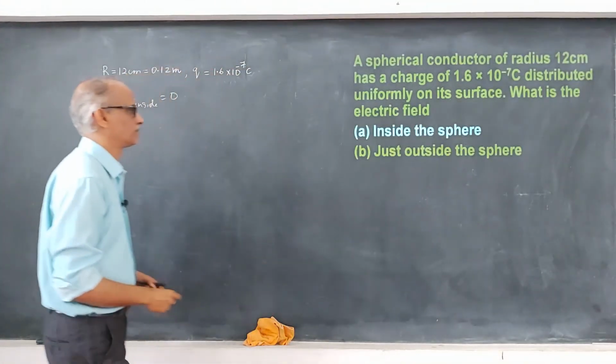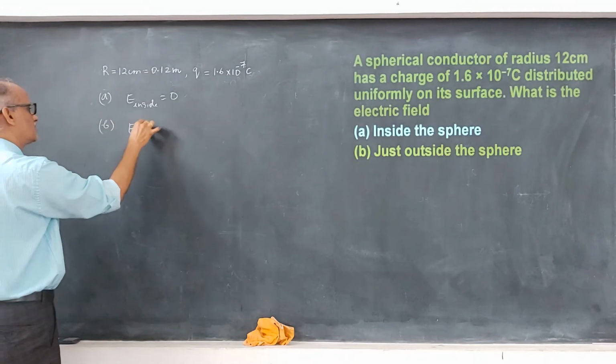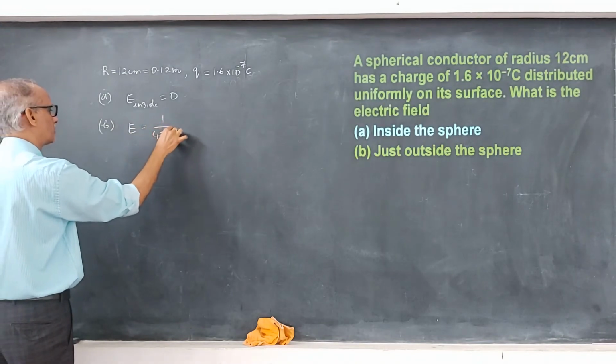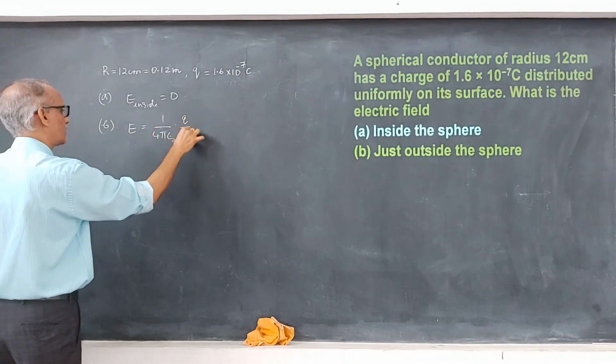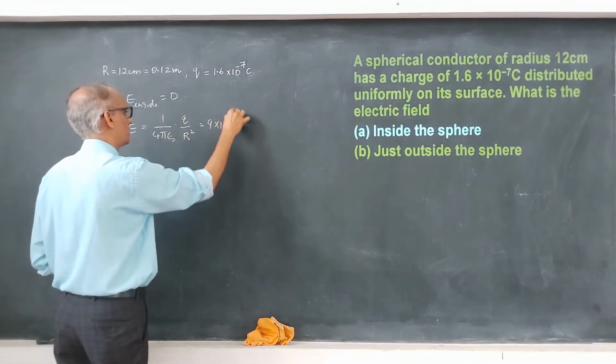Option number B, just outside the sphere. So, just outside the sphere, E is equal to 1 by 4 pi epsilon naught Q by capital R square. 1 by 4 pi epsilon naught is 9 into 10 to the power 9.